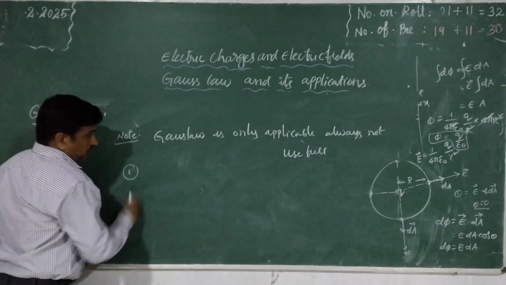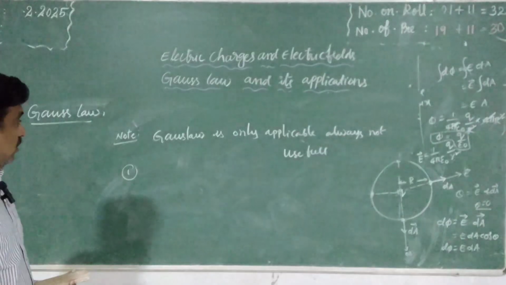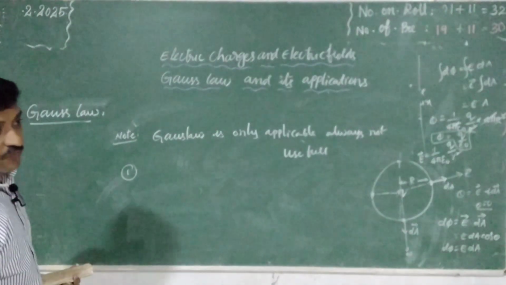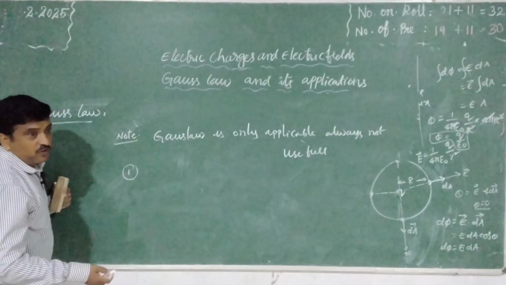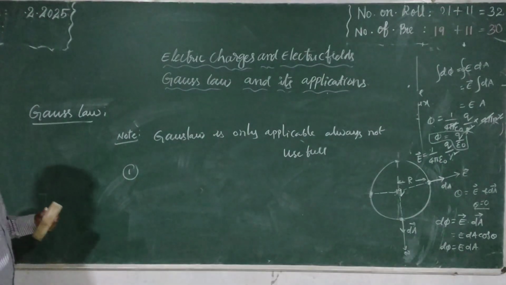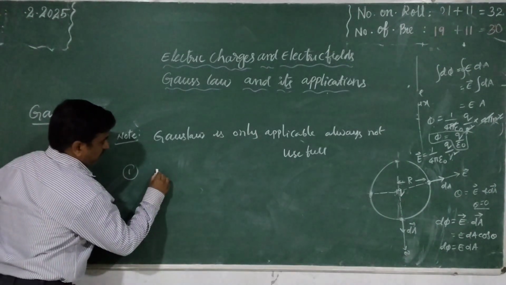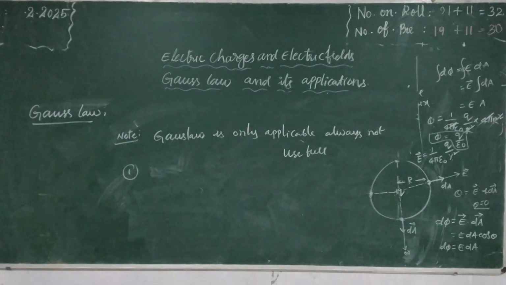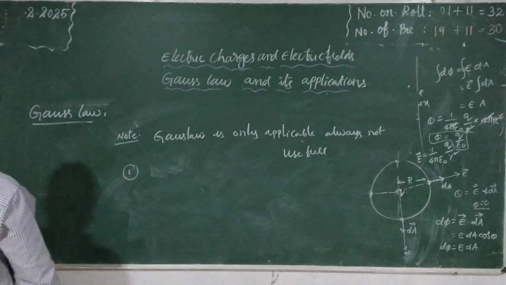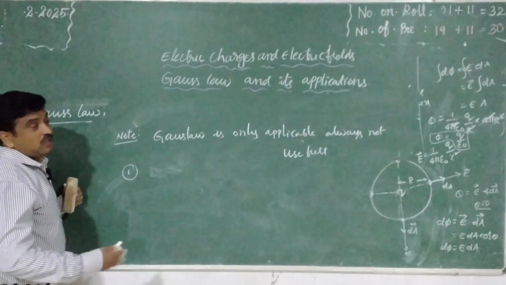The first Gaussian surface property: the Gaussian surface should be symmetric about the charge or charge distribution.